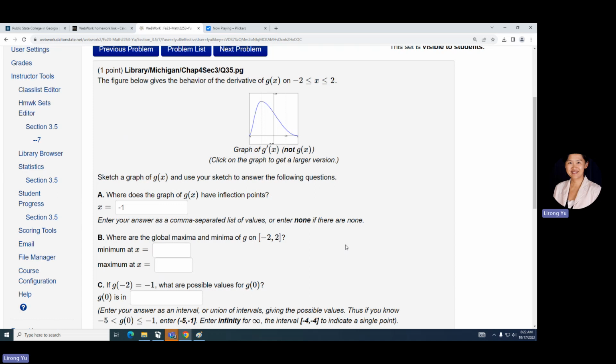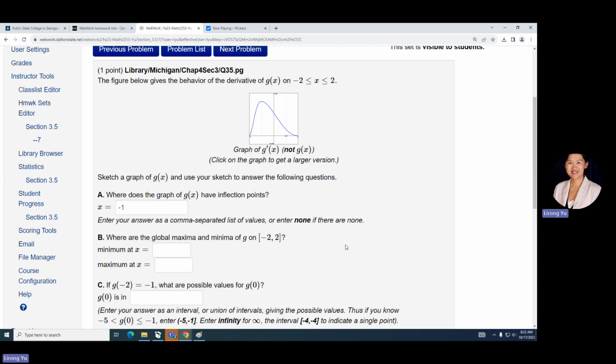So the entire derivative is positive, which means the original function is increasing the whole time. But the concavity changes, because the derivative function goes from increasing to decreasing, right there. That's when the concavity changes. Make sense? Any questions for the first one?